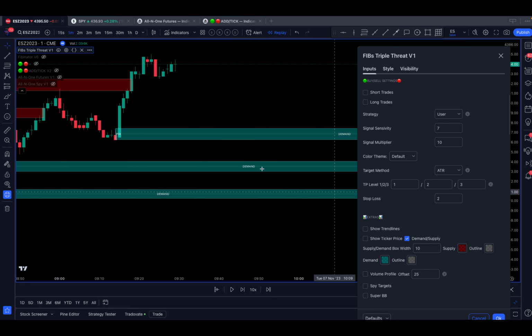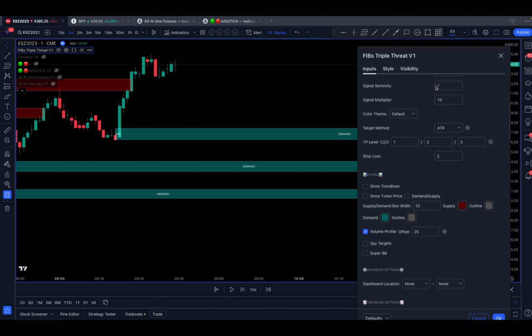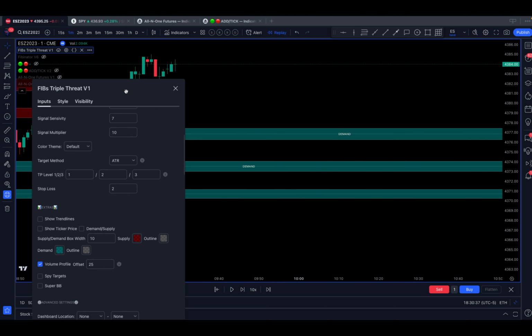Again, there's a lot of stuff loaded up. As you can see, it plots that. It also has the volume profile of the all-in-one SPY that's included in there, and it's the same concept of KV for coins. It'll plot that volume profile.